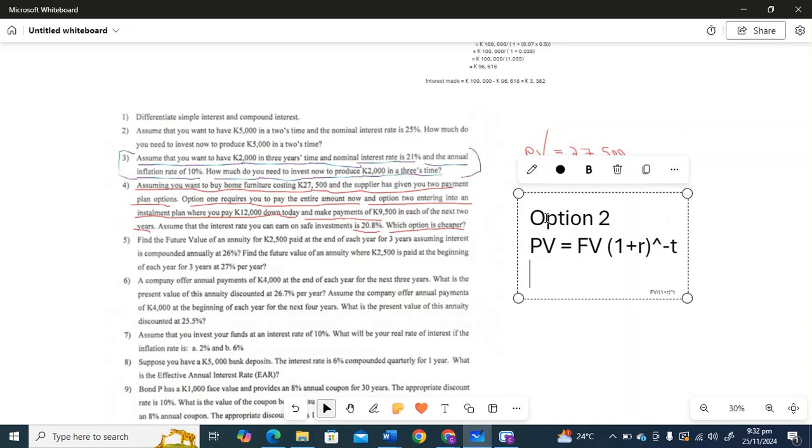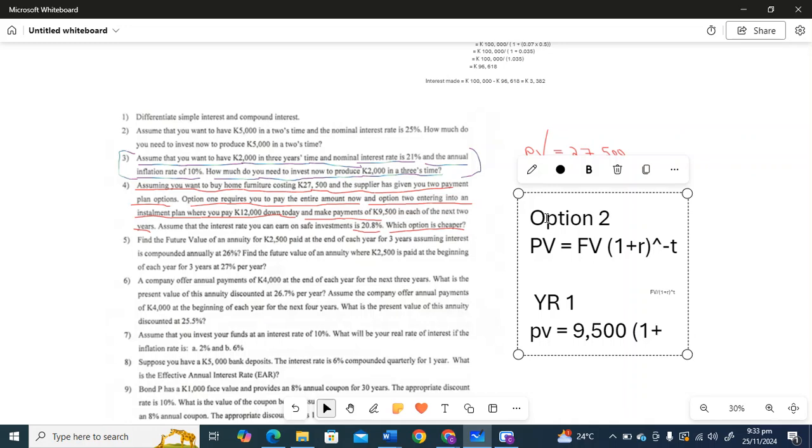All right. So for year 1, future value is 9,500.